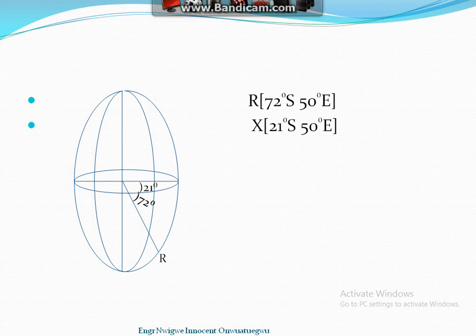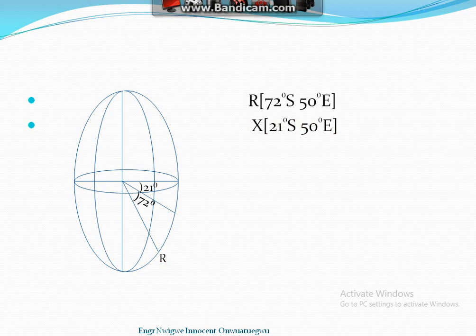Then draw a straight line to touch the longitudinal lines of the great circle, at the longitude which is 50 degrees east. That's the location of point S.